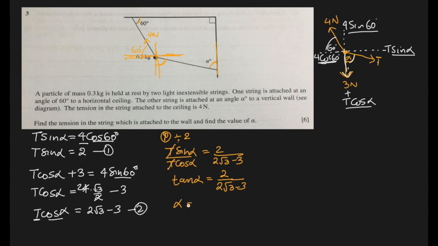So alpha we can find. They are asking us to find alpha, right? So they are asking tension first, but we are finding alpha first. That's fine, no problem. Tan inverse 2 divided by 2 square root 3 minus 3.